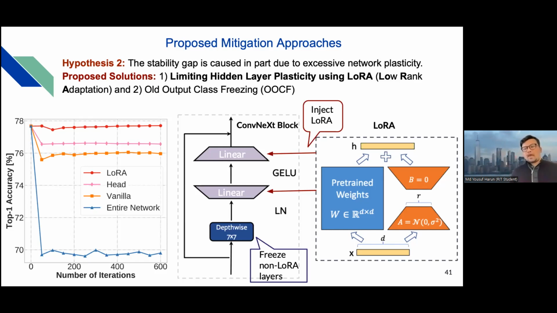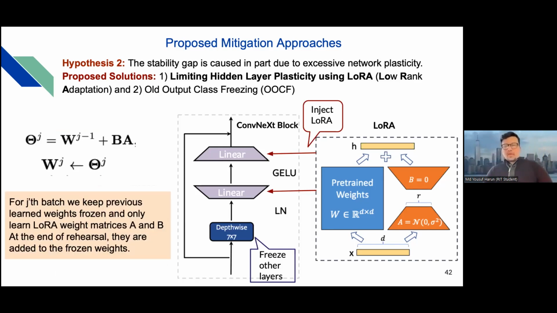During training, we inject this LoRA weight matrix pair to adapt some linear layers of the CNN block. We only adapt these LoRA weight matrices and keep the pretrained network frozen, so it's very light to train.